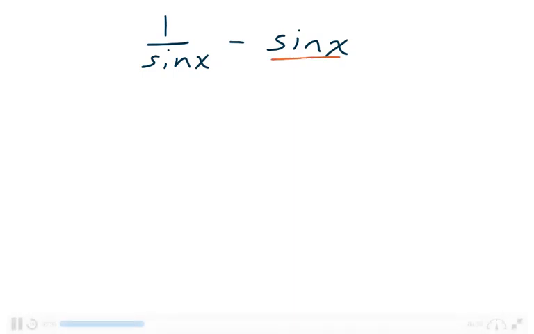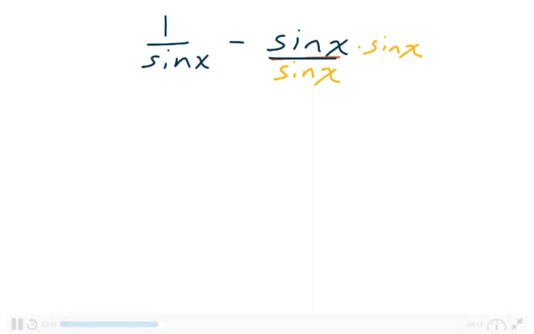Now, the only denominator I have right now is this sine. So that means I'm going to need to put a sine in this denominator. But can I just put it there? Well, yeah, as long as I also multiply the top by sine. So what's happening here is we're basically saying that we need a sine. I'm going to put it there, but that means I have to multiply the top and bottom by sine.